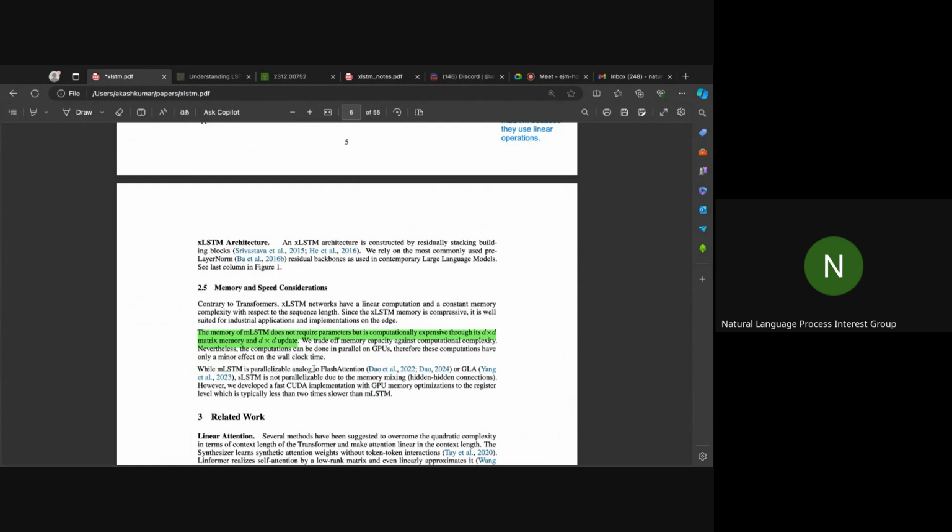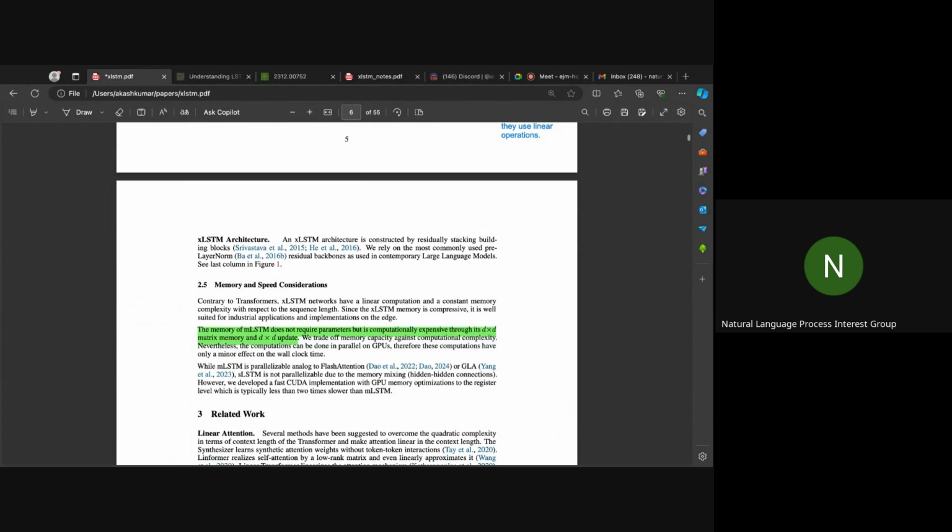The mLSTM architecture does not require separate parameters, but it is still computationally expensive because of its d cross d matrix memory and the d cross d update. That is still less, because the dimensionality can go up to like 4096 or maybe 10,000, but it would remain constant throughout the model training.